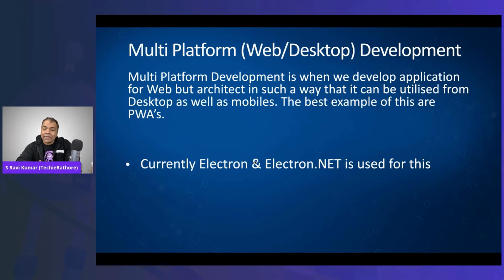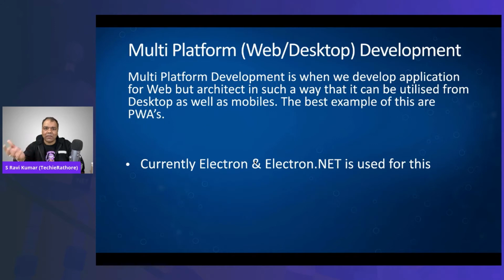Currently, this type of multi-platform development is only supported by Electron or Electron.NET. Electron is a framework which uses Node.js and other tools, and the Chrome engine, to give you web-based multi-platform application development.